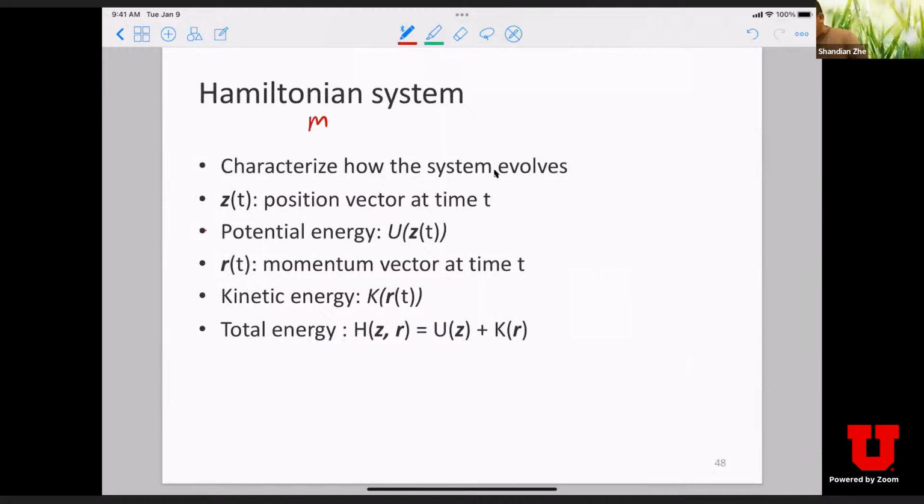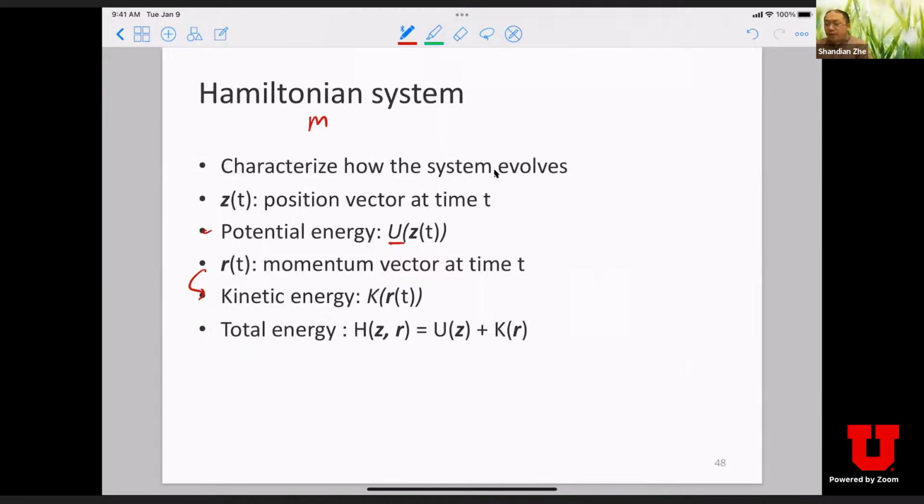And then we know that associated with the position is potential energy, which we denote by U. The potential energy essentially is a function of the position vector, so it's U(z_t). And associated with the momentum is the kinetic energy, which we denote by K. So it's also a function of the momentum, r_t.